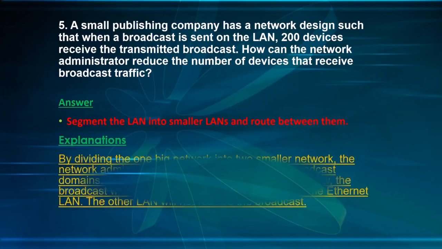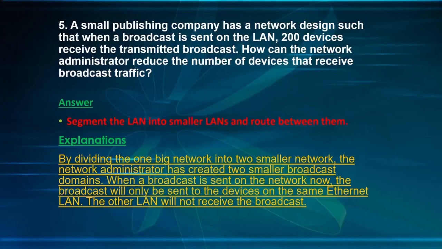This is because by dividing the one big network into two smaller networks, the network administrator has created two smaller broadcast domains. Now, when a broadcast is sent on the network, the broadcast will only be sent to the devices on the same LAN. The other LAN will not receive the broadcast.